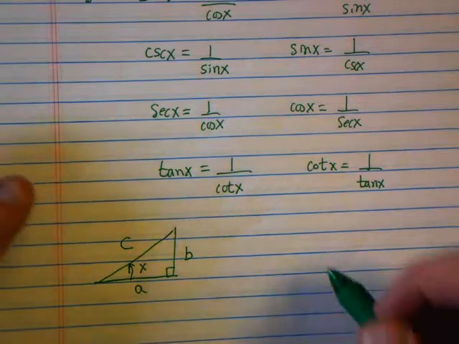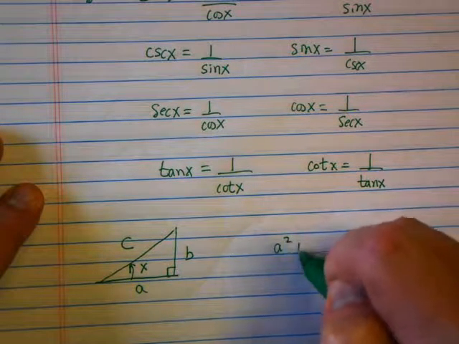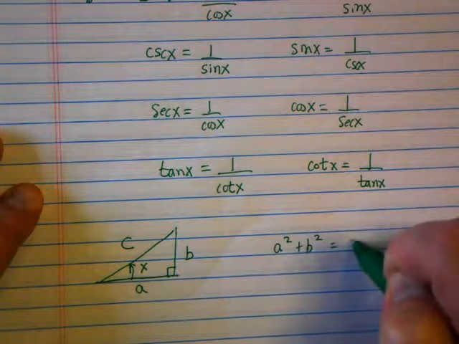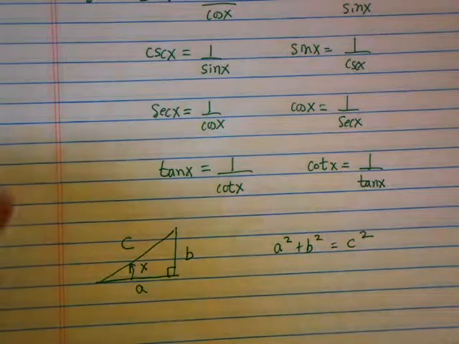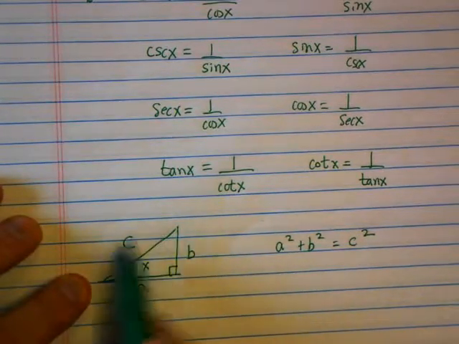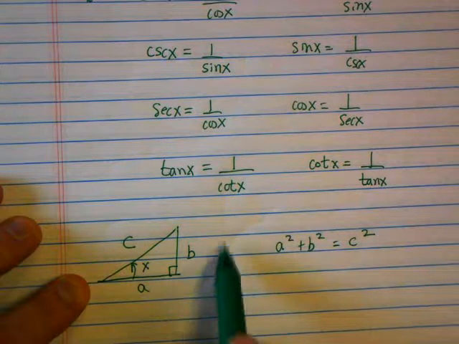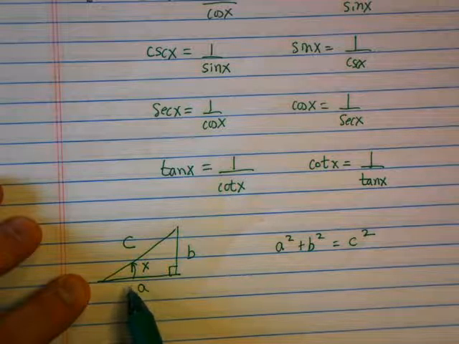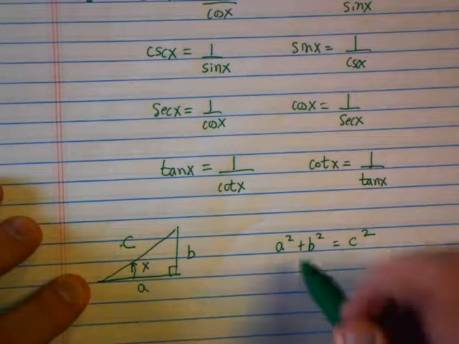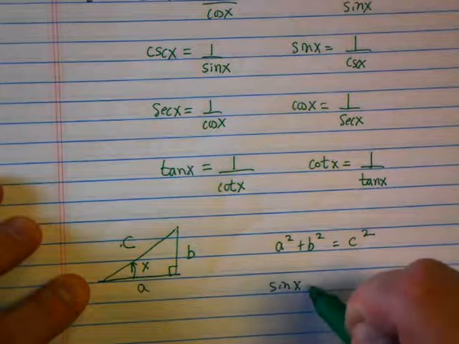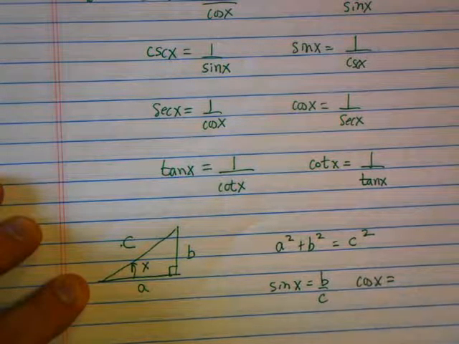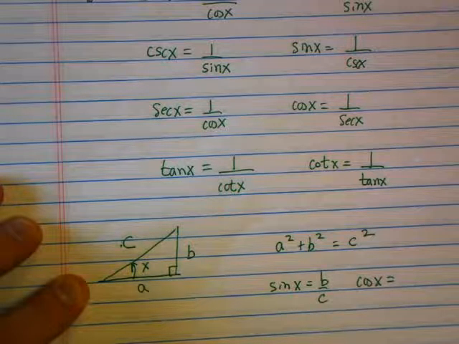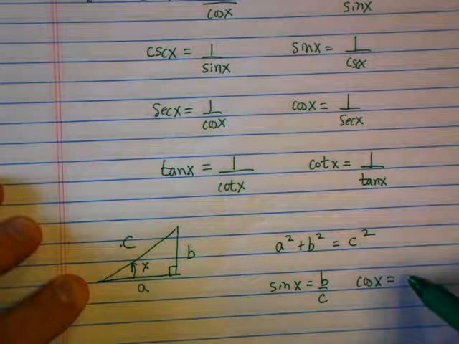That's the Pythagorean theorem, right? a squared plus b squared equals c squared. What can you tell me about sine of x in this triangle? So it would be b over c, wouldn't it? So sine x is b over c, and cosine x would be a over c.